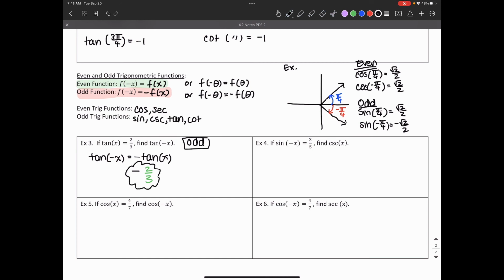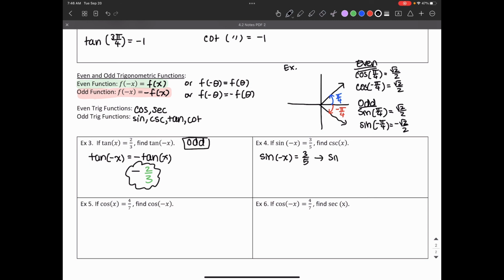For example 4, if sine of negative x is 3 over 5, and I wanted to find what cosecant of x would be, the first thing I need is what sine of x is, since cosecant is the reciprocal of that.